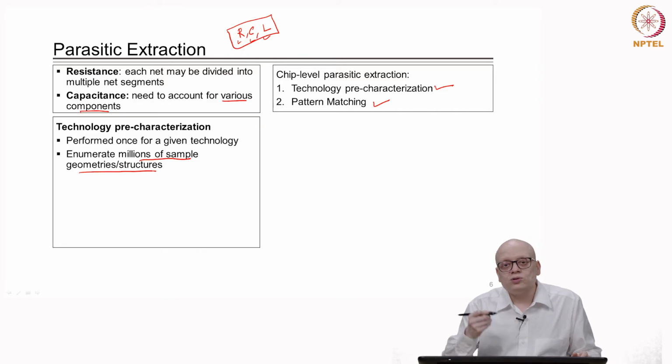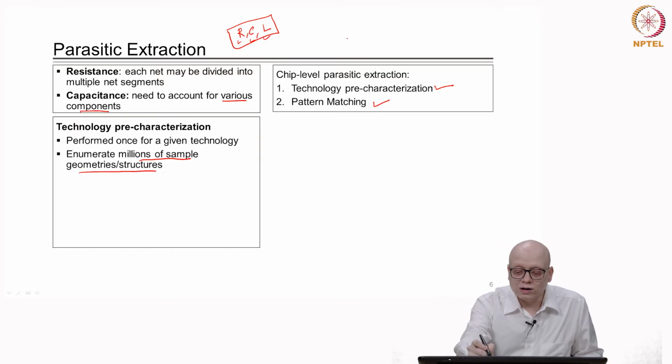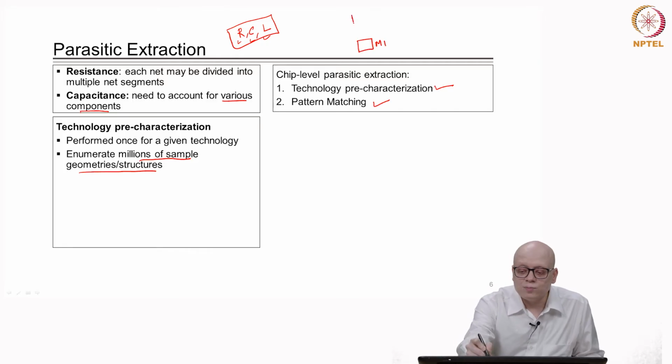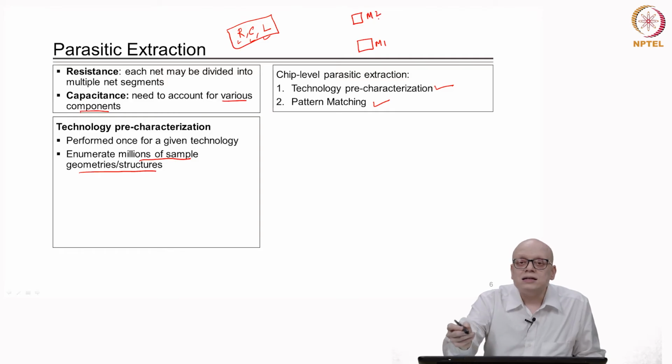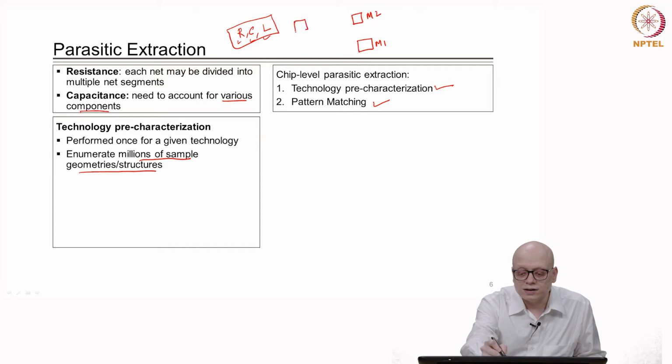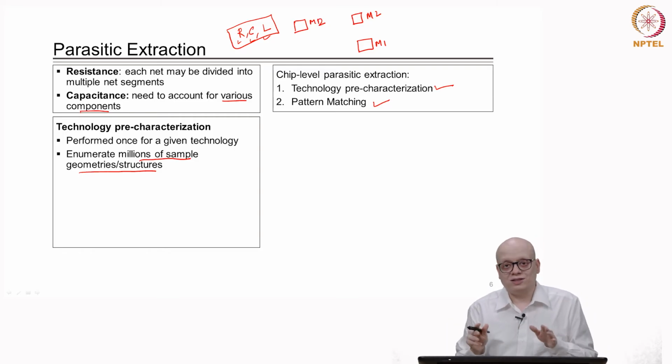Based on the technology stack and the interconnect stack, the tool may come up with, say, one combination, like metal 1, M1, is there, and say M2 is just above it, and say another M2 layer is somewhere here. So, this is one configuration that the tool may come up with.